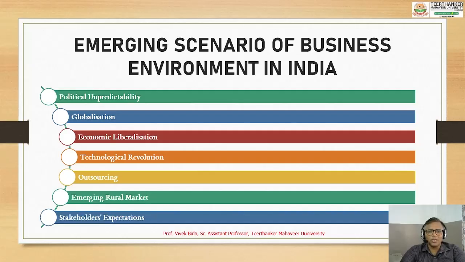When I talk about political unpredictability with respect to India, India being the biggest democratic nation in the world, it is many times seen that there is a political party in the state or the center which is ruling either in coalition or jointly with other supporting parties, because of which many times the specific political party is not able to make strong decisions.